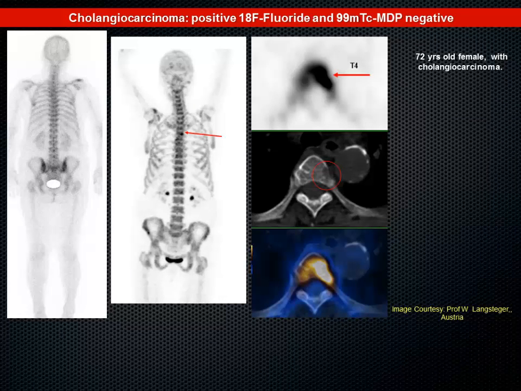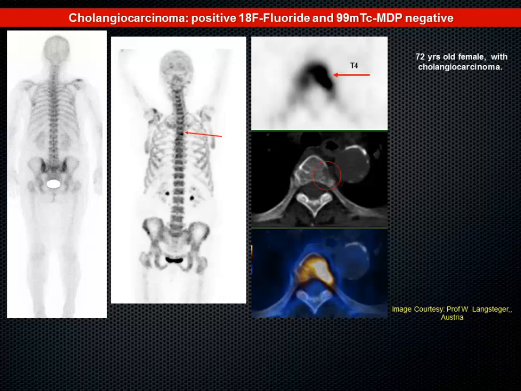Coming to the major problem and flaws when they promoted fluoride as better than MDP: they compared 2-dimensional planar imaging with 3-dimensional imaging. All the papers, even now, say a whole body scan was done and compared with a fluoride scan. So naturally, a 2-dimensional imaging will give a smaller number of lesions compared to 3-dimensional, because you're comparing a planar with tomography. In an ideal study, you should do a crossover study, do an MDP SPECT, and compare with the fluoride.